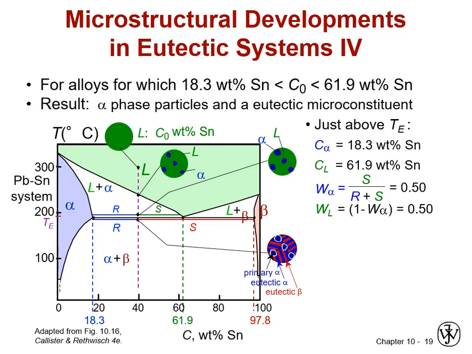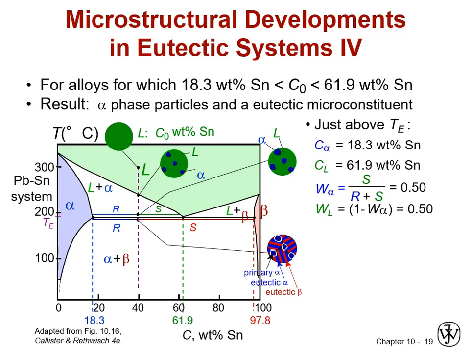So here's what it looks like once it drops to the eutectic. You can see we have another microstructure circle on the lower right-hand part of the diagram, and it's all blue and red. We have the same exact primary alpha that was there before. That has not changed at all. What happened was the green liquid went through the eutectic transformation.